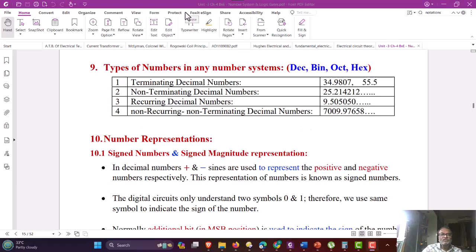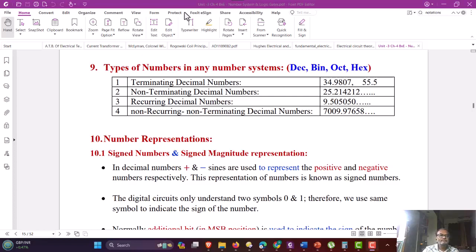So that's all about the arithmetic operation with binary numbers. The types of numbers in any number system have the following characteristics. The system may be decimal, binary, octal or hex.